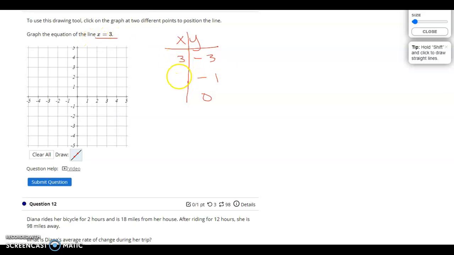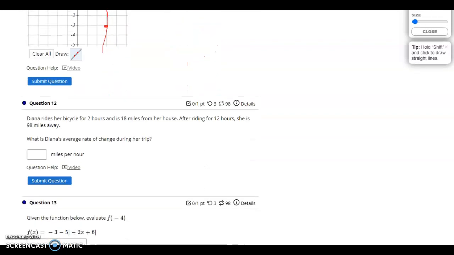It's still going to equal 3. So if y is -3, x equals 3. If it's -1, if it's 0, and you can see no matter what it is, so the line x equals 3 is just going to be right through that point. You can always use an XY chart if that's confusing.